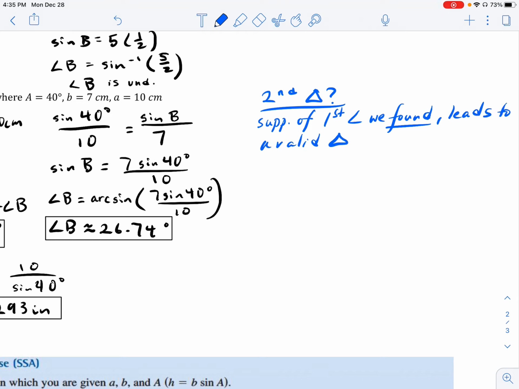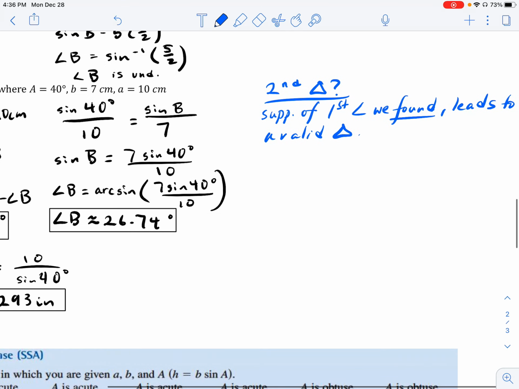So let me walk you through that. The first angle that we found was angle B. If a second triangle exists, this angle B sub 2 would be the supplement of the angle B1 that we found. In other words, if this triangle exists, angle B2 would be equal to 180 minus the angle B that we found, which was 26.74 degrees.